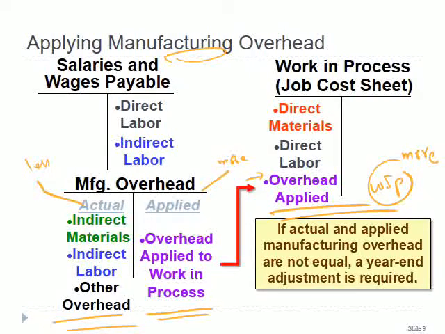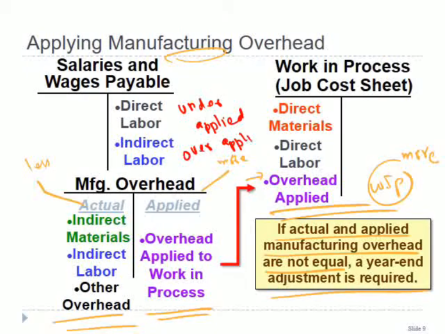So at the end, if the actual and the applied manufacturing overhead are not equal, a year-end adjustment is to be made. And we have names for this adjustment: either underapplied or overapplied. Let's move towards the next slide and explore this concept further.